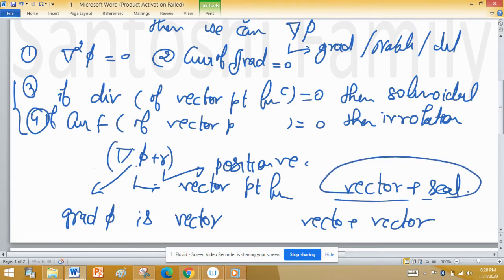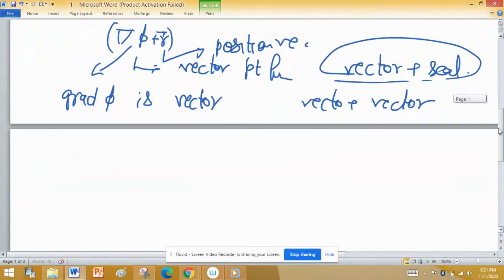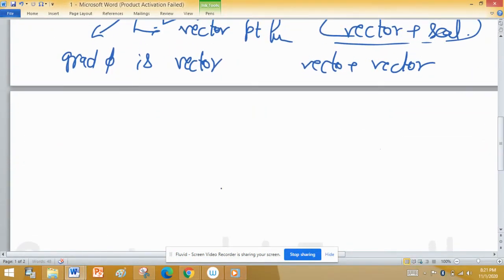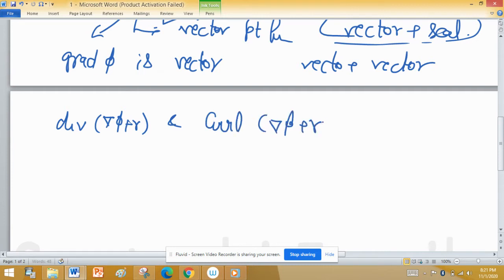It is given to us del phi plus r. R is a position vector, so I can use an arrow over r, or as it is we can use it normally. So we have to check the divergence of nabla phi plus r, and the curl of nabla phi plus r.